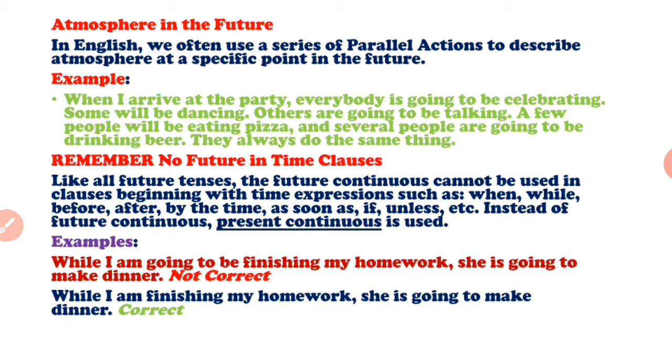A few people will be eating pizza. This is very simple future continuous. And several people are going to be drinking beer. Another time there is the use of present continuous tense, but not simple. To be going, to be drinking. Yes, students, you should understand this.